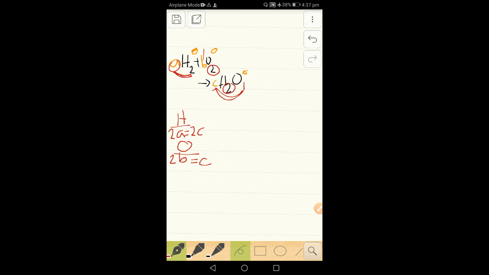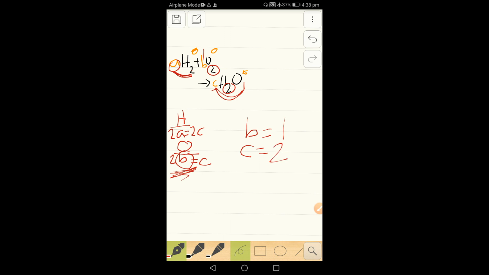Okay, now we will put it all together. We will choose numbers to find the values of A, B and C. Whatever numbers you choose, the reaction will be balanced. For instance, and for simplicity, I am choosing B equal to 1. If B equals 1, then C will appear as 2 into 1, which is 2.